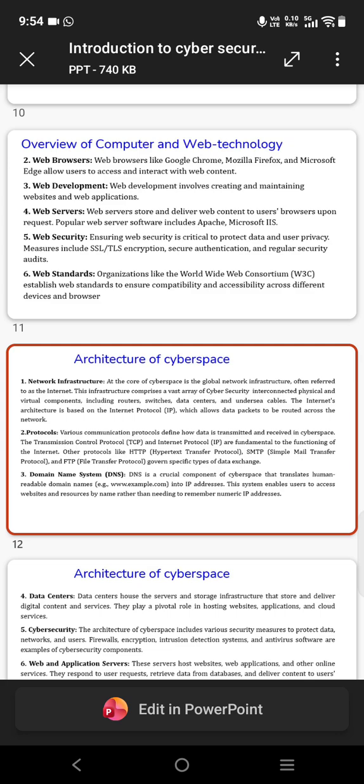All those things together will build the architecture of cyberspace.